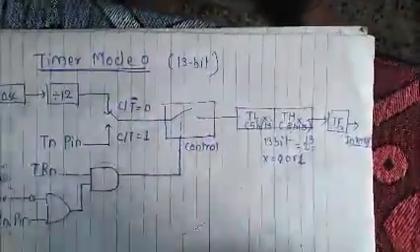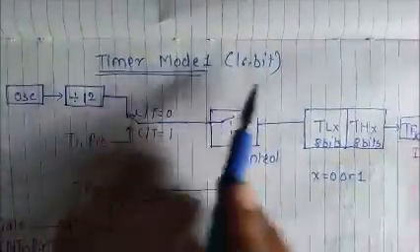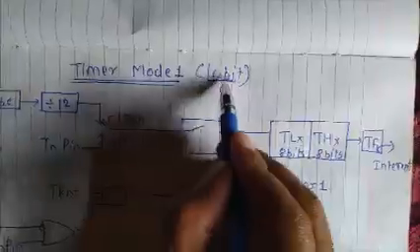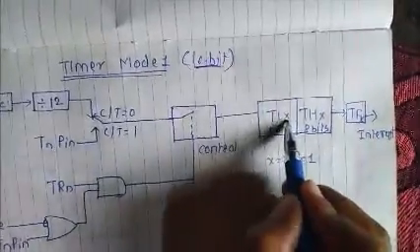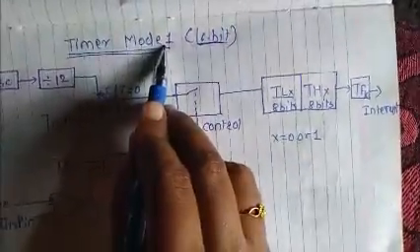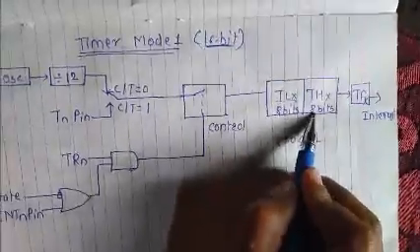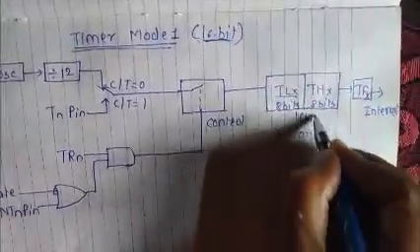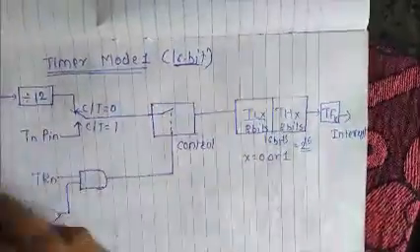After mode 0 we go to mode 1. What is the change in mode 1? Instead of 13 bits we now use 16 bits. In case of TLX we used 5 bits previously, whereas in mode 1 we use the whole 8 bits. So these 8 bits plus the other 8 bits give a total of 16 bits, so the capacity is 2 raised to 16.